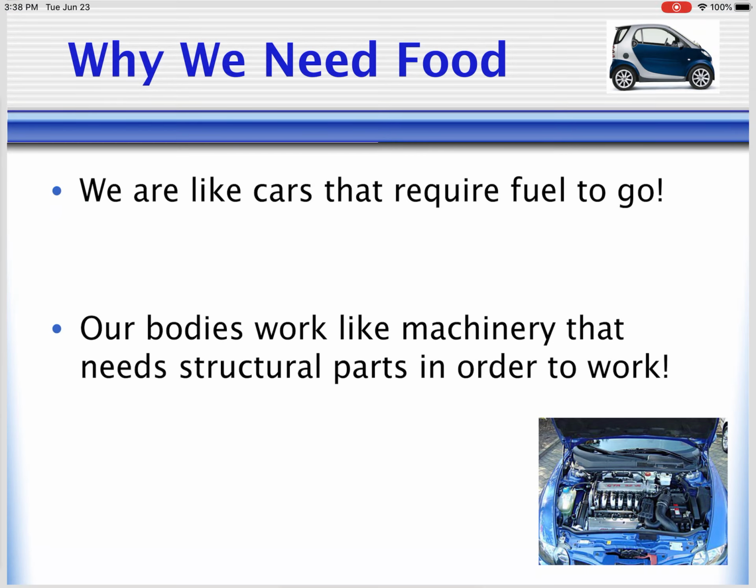I mean, of course, we're different from a car, I get it. But in terms of working parts, if we want a car to be able to do what it's supposed to do, we've got to give it the proper ingredients. It needs fuel, it needs gas in the tank, it needs oil in the engine, among other things. And our body is no different. If we want it to operate at its optimal level, we've got to give it the ingredients that it really needs.